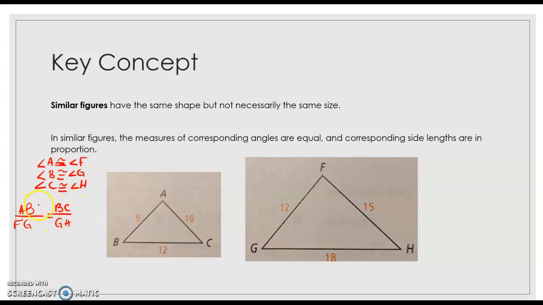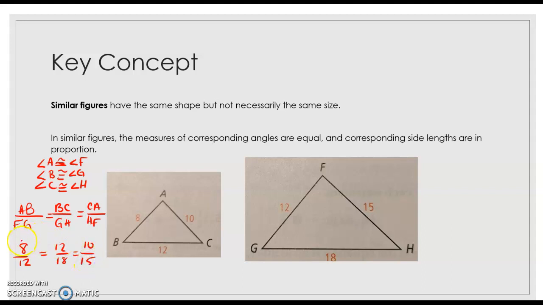So it's one side from each triangle in each of these fractions. Finally, CA with HF. So I could write this as 8 over 12, and that should be equal to 12 over 18, which should be equal to 10 over 15.